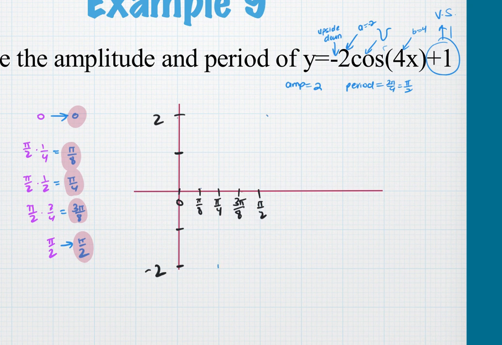But it's negative, which means I'm going to start at negative 2, go up, up, down, down. And there's the curve without the vertical shift. And now my vertical shift is where? Up 1. So I shift this point up 1, this point up 1, up 1, up 1, and up 1.